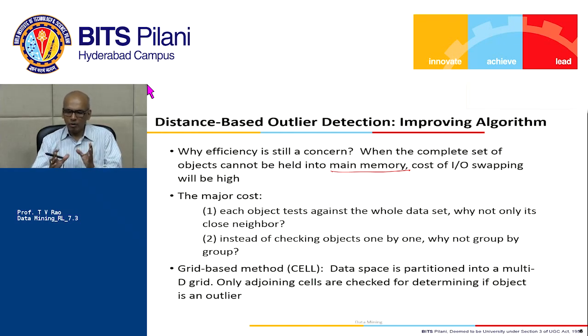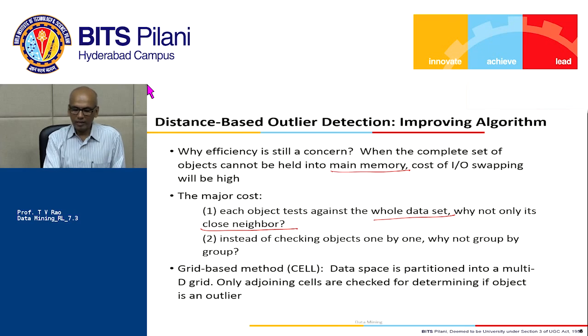So if we can somehow divide the data into, let's say, a few grids, and associate each object with one of the regions in the grid, then it is possible that we will reduce the number of calculations significantly. Instead of checking against the whole data set, we only check against the neighbors.